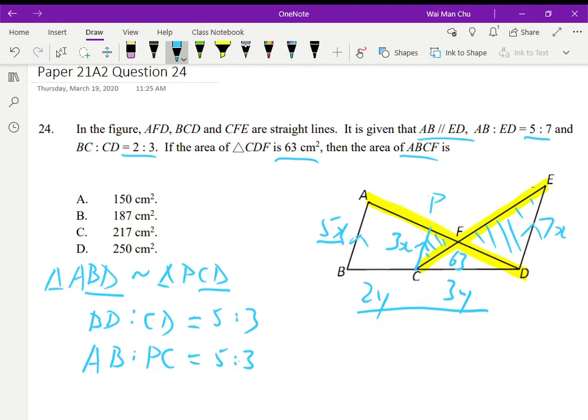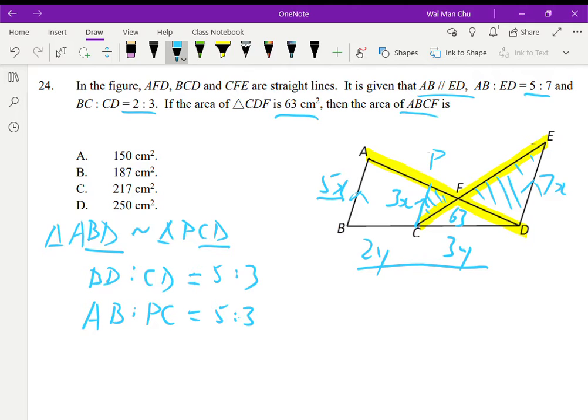Okay, now back to the pair of similar triangles I have mentioned. Don't forget that triangle CPF should be similar to triangle EDF, as I have mentioned at the beginning.